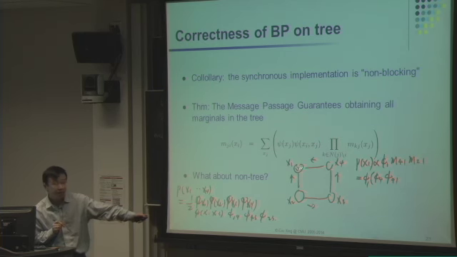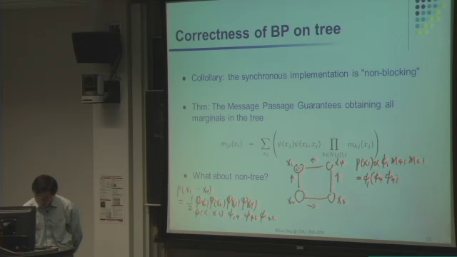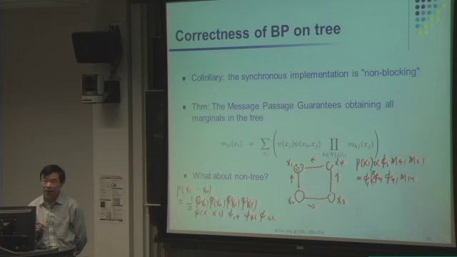This edge potential should be there, right? And also an m of 3 to 4, right? And then we should have a summation here over what? 4. Okay, put a 4 here.